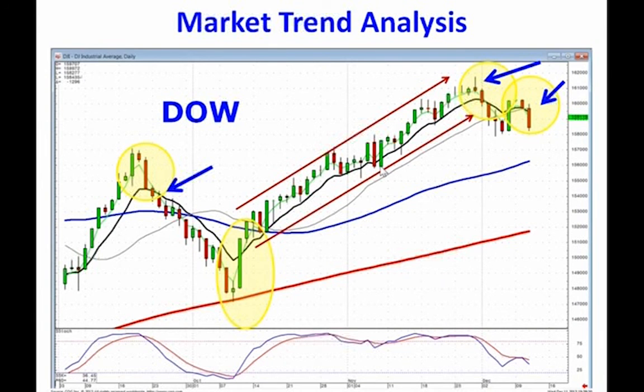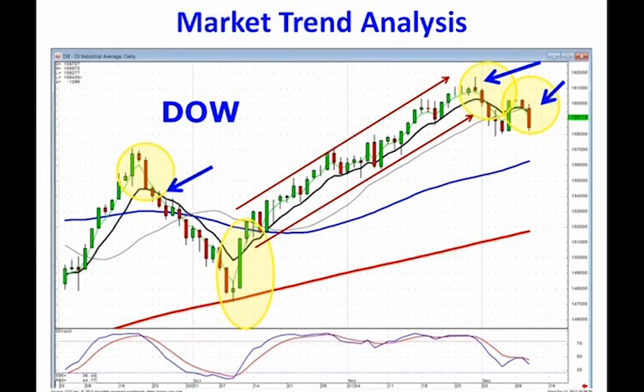So my criteria the next day would be it needs to open and trade higher. If it opened and started trading lower, that would tell me they were confirming my bearish engulfing signal and staying below the T line. Now, here's a case of the same scenario. Close below the T line. What do I need to see to stay in the trend? I need to see them open it and trade positive. The fact that they opened it and started trading lower told me there's now a change of investor sentiment. Close out the position.